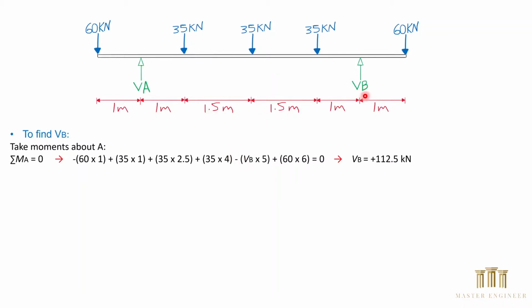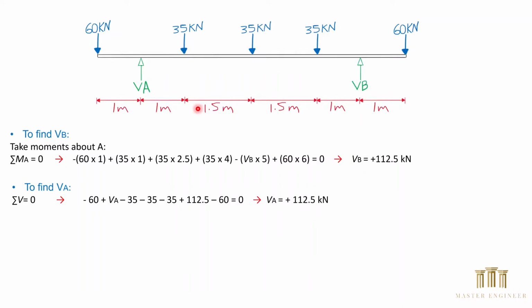Then we have VB acting anti-clockwise, negative, multiplied by 5 meter. Then we have 60 kilonewton acting clockwise, multiplied by the total distance 6 meter, equals 0. We plug these values into the calculator, and that should give us the value for VB, positive 112.5 kilonewton.